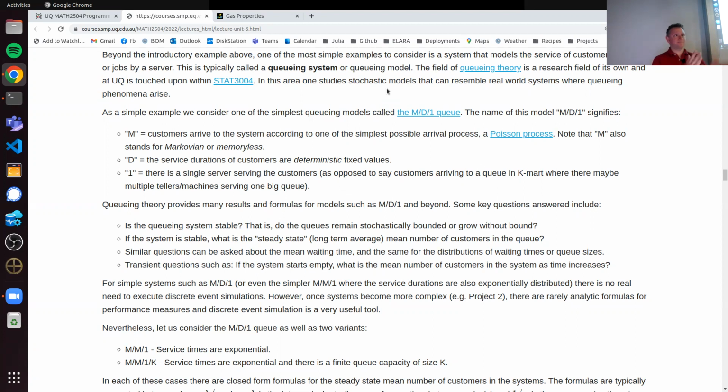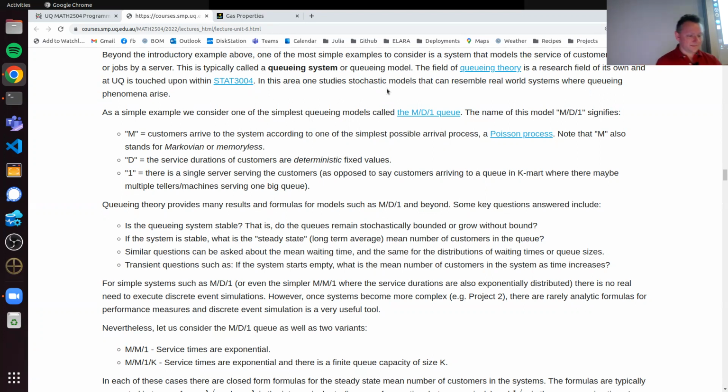For this process, there's an exponential distribution for the time between arrivals. We talked a little bit about the exponential distribution. We skipped over the Poisson distribution, which you get if you integrate that over a certain range of time. That's the Poisson process.